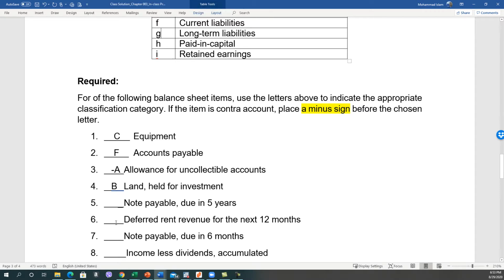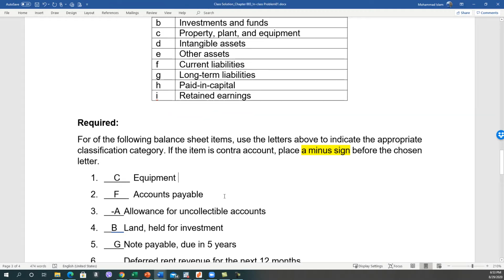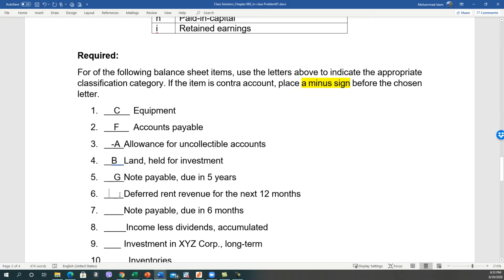We should use G. Then deferred rent revenue for the next 12 months. Okay, so number 6. This is deferred rent revenue for the next 12 months. So it's going to be an F. Can you see that? Current liabilities. So we need to pay this one within the next 12 months. That is why it's an F.